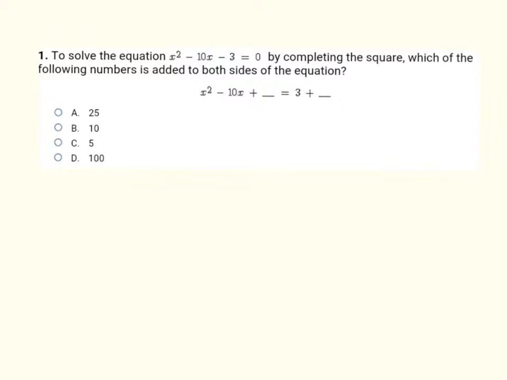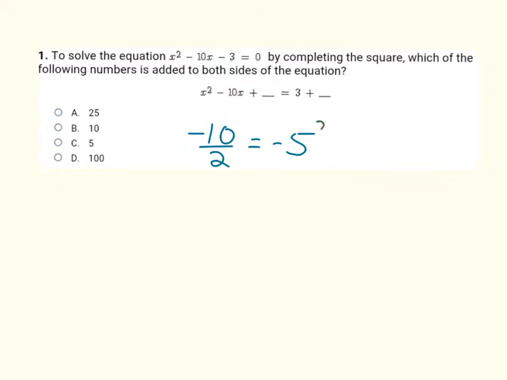This question here is an example of one of the few times you can't just pick regardless of what the directions say. Here you have to know how to fill in the number for completing the square. When there's no coefficient in front of the x squared, you take your middle term, negative 10, my b term, and divide that by 2, so negative 10 divided by 2 is negative 5.